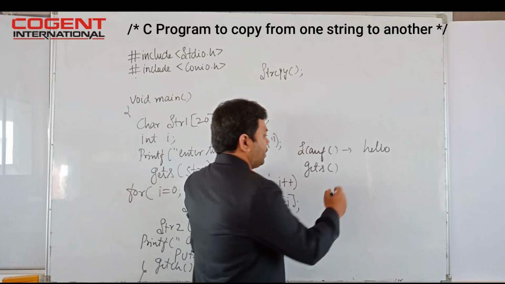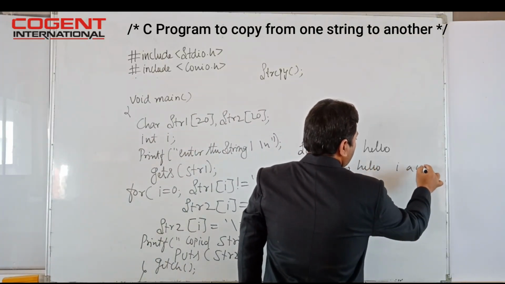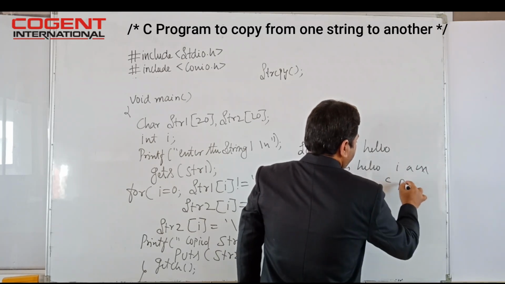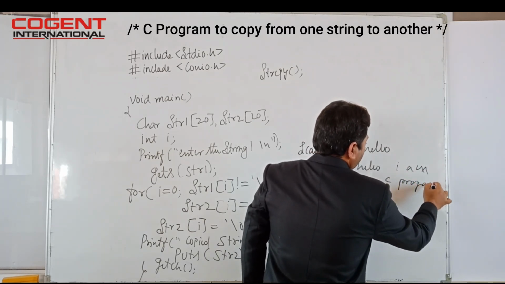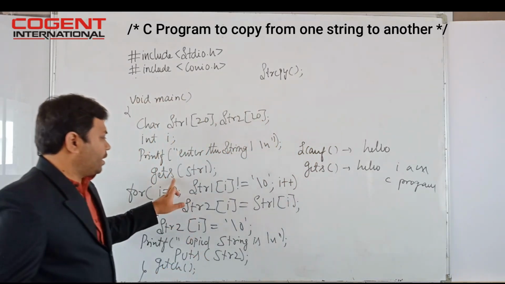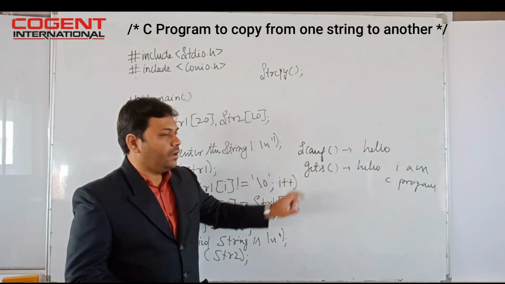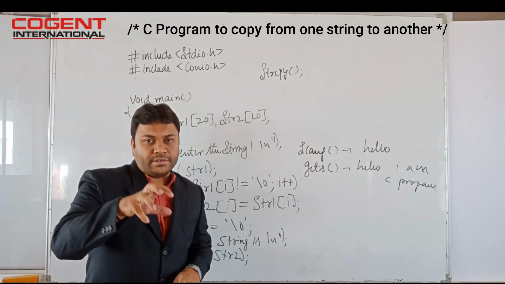Suppose I want to read: hello, I am C program. So this sentence I want to read, so that time gets is used. Please kindly note the difference between scanf and gets for strings.